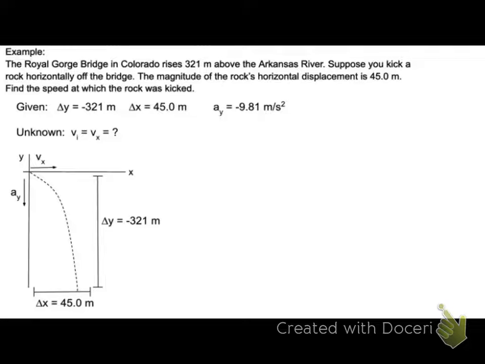Here's what we know. We know delta y, and we know delta x, and we know the acceleration of y because it's the acceleration due to gravity. What we're trying to solve for is that initial velocity, which we know is going to be constant and the same as our x value for velocity.